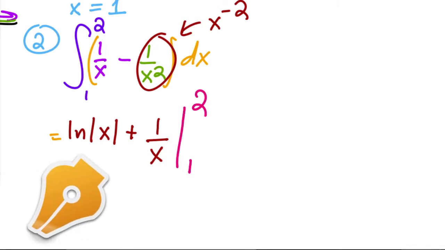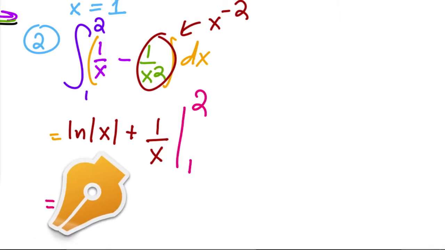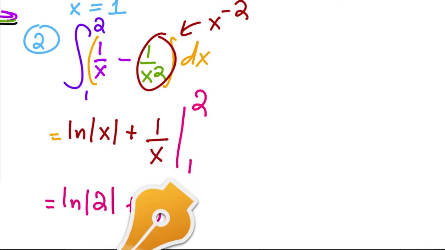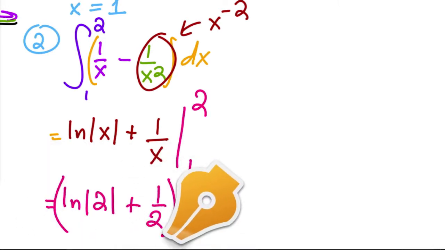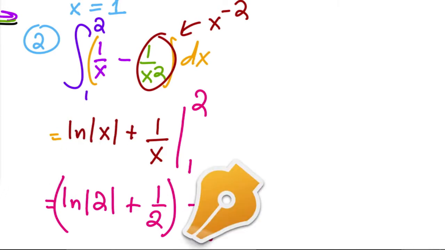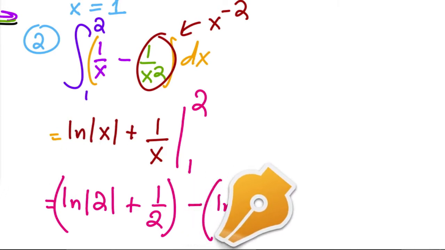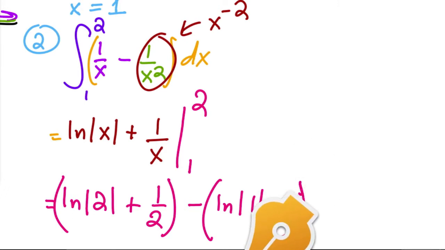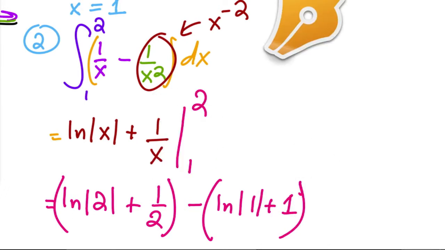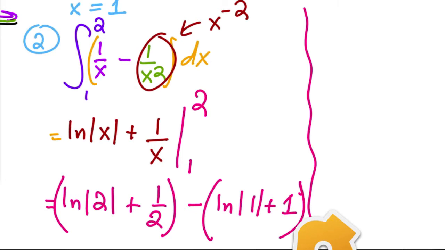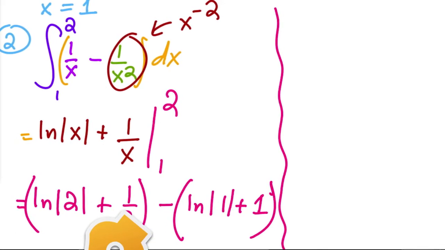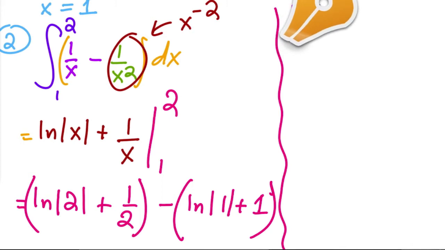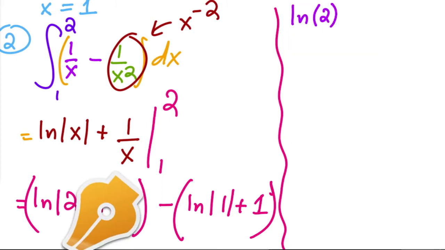Okay, so then this is equal to natural log absolute value of 2 plus 1/2 minus natural log of the absolute value of 1 plus 1 over 1, which is just 1. Okay, so then we have natural log of 2, I don't really need the absolute value.